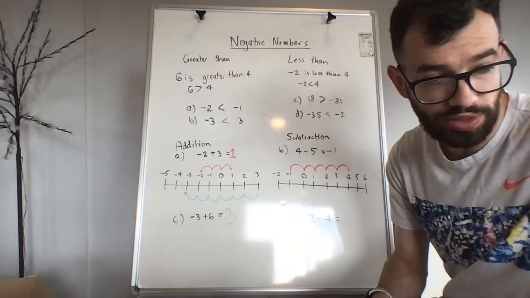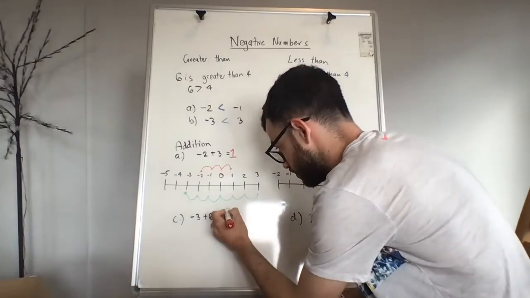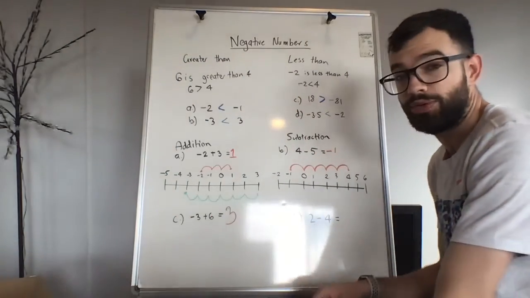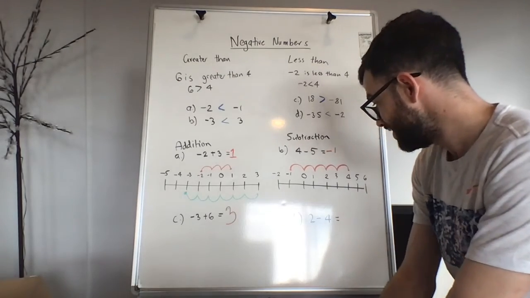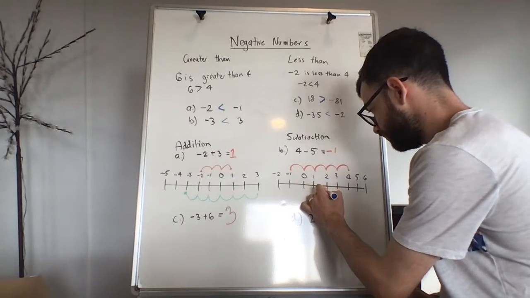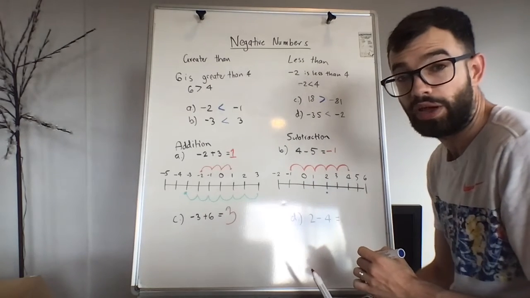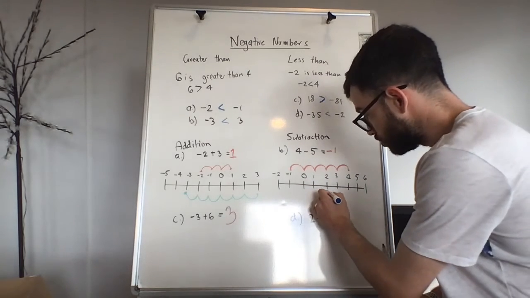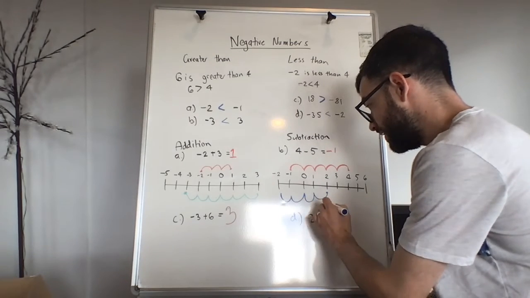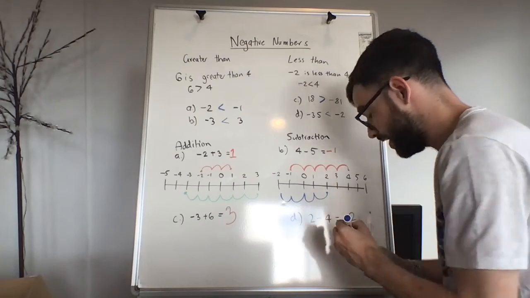I might just put the answer in red just so you can see, because the light is a bit glary. The next problem, you might not be able to see it too well, but it is 2 take away 4. So we start off at the number 2. Because we are taking away, we're moving to the left. We move 4 spots. 1, 2, 3, 4, and we end up at -2. So that is our answer.